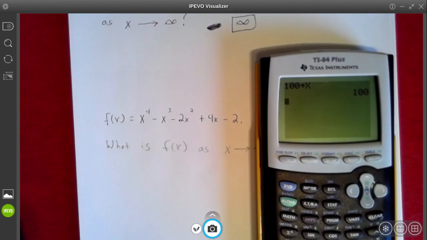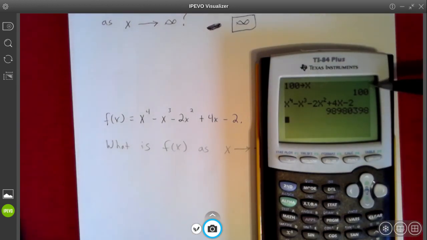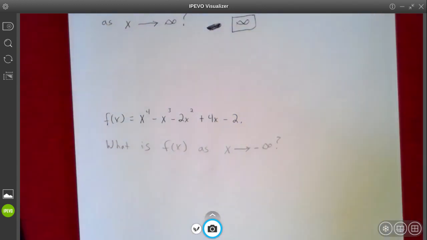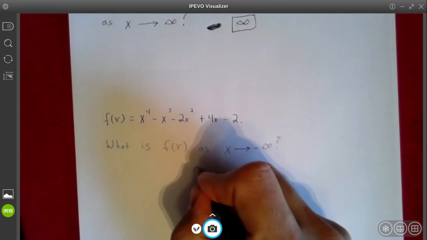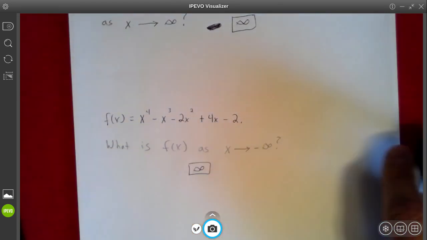If we plug in that number for x to the fourth, this is just a way that it can be done. I mean, you could graph these functions to see what they look like, or you can actually plug in some number for x just to see what's going on. So I just plugged in 100, and you see the answer I got was a really, really large positive answer. So in this case, my answer is probably going to be positive infinity.